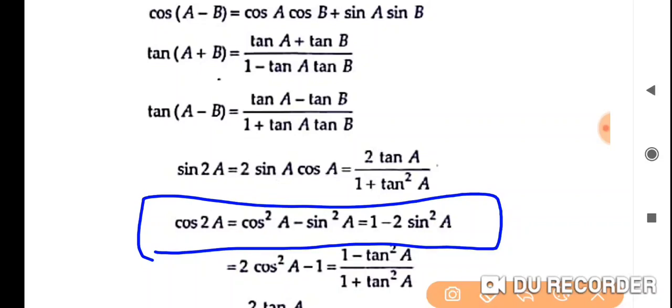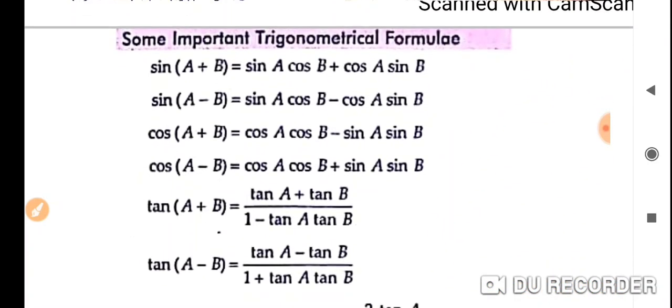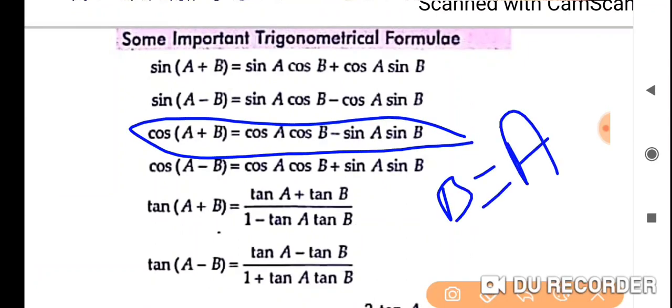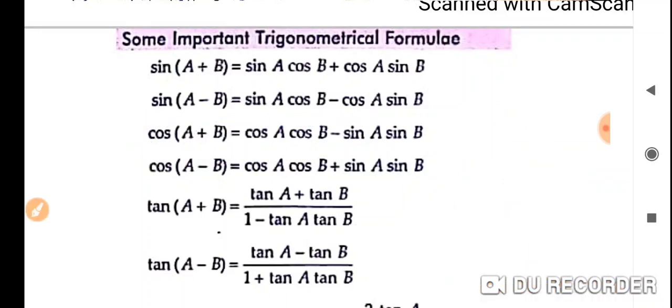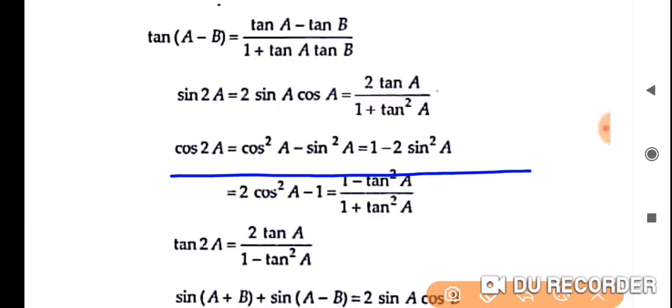Similarly, if you put B equals A in the expression for cos(A+B), then on simplifying you will get cos 2A equals cos²A minus sin²A.